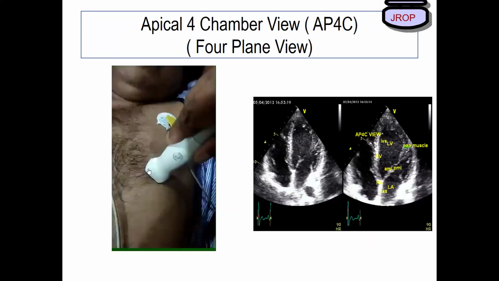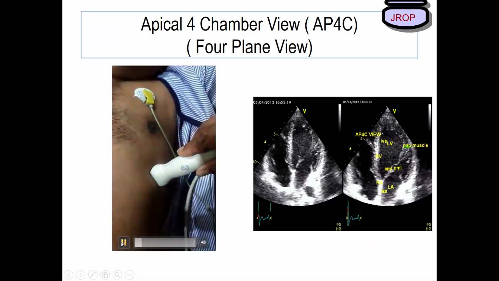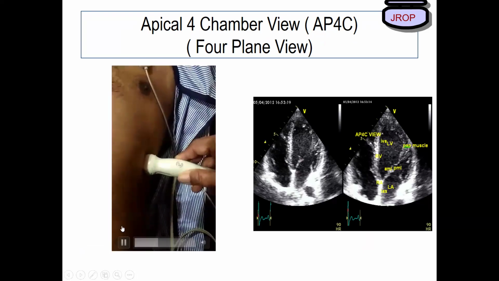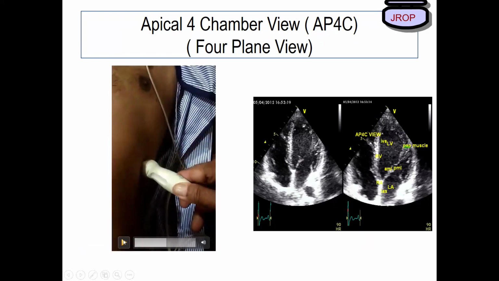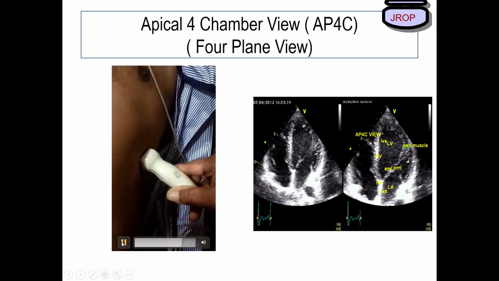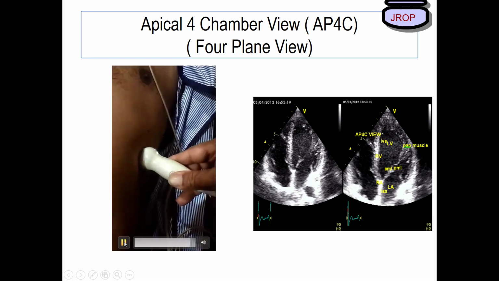Now look at this video carefully. This is the 4-chamber view. Index marker at 2 o'clock position. We are parallel to the heart. Now we rotate counterclockwise to make it 2-chamber view. Counterclockwise, this is 2-chamber. Further counterclockwise, 3-chamber.